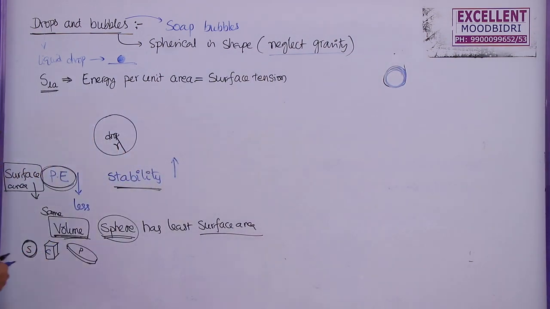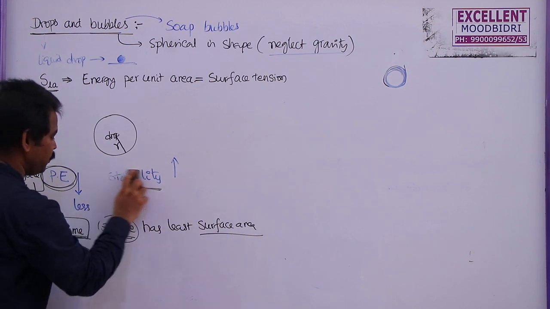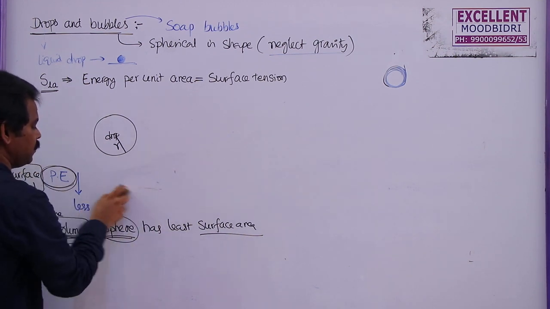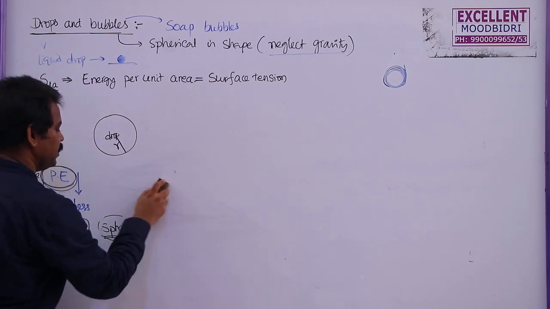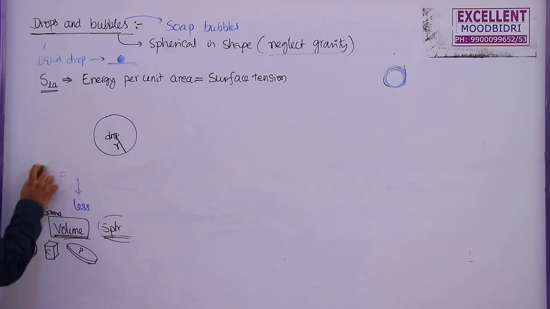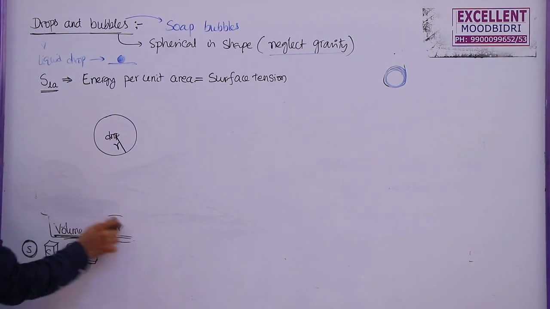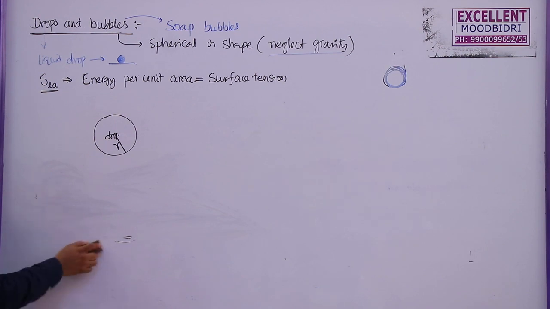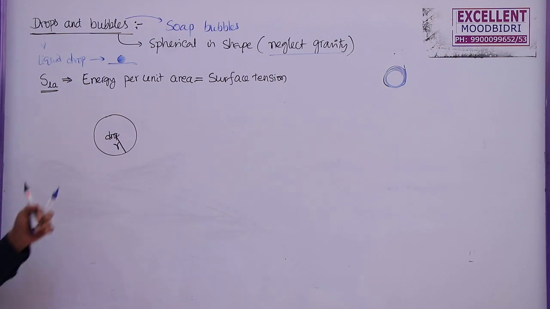Now here, if you take any water drop or any liquid drop of radius r, and I want to increase the size of this one, I need to do some work on this one.